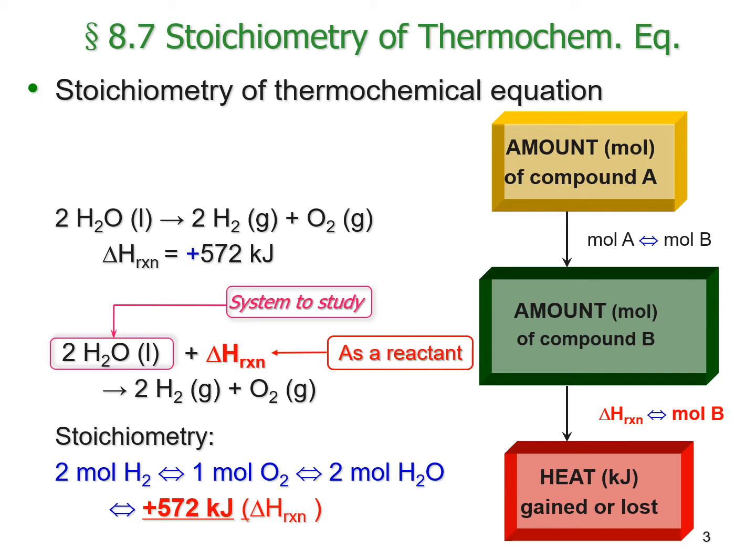So we add the heat as the fourth component of the stoichiometry. In this way, we can convert most of the substances into the heat. Gain or loss, it depends on the sign we calculate. So how can we do the conversion in this way? We have moles of substance to kilojoules.